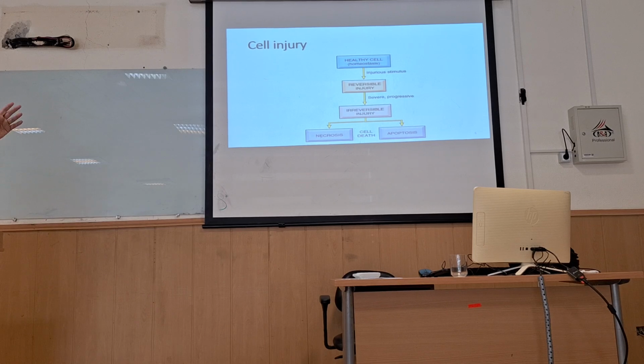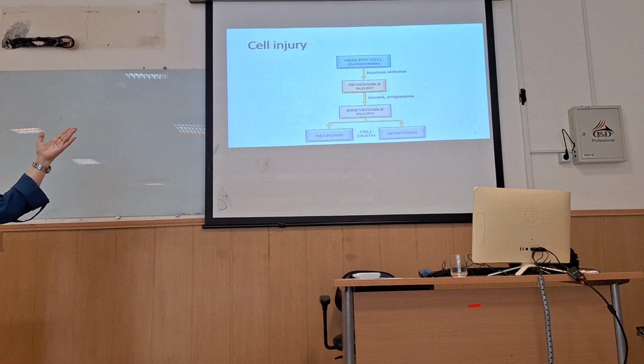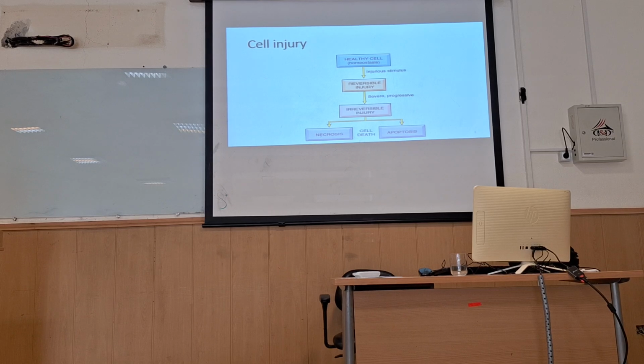So after an injurious agent acts on a healthy cell, when the injurious stimulus is mild or transient, we have reversible injury. After a severe etiologic agent, when the injurious stimulus is severe or becomes progressive, we have irreversible cell injury.